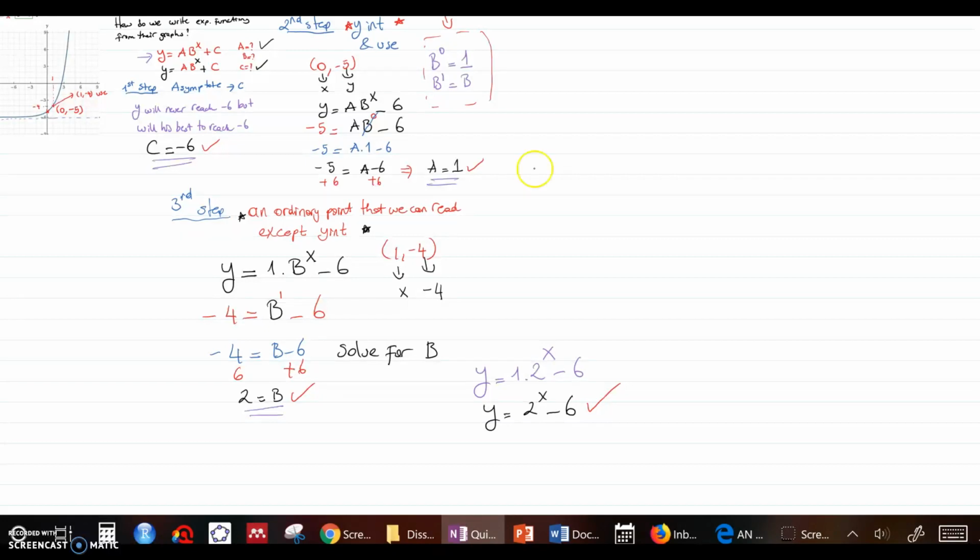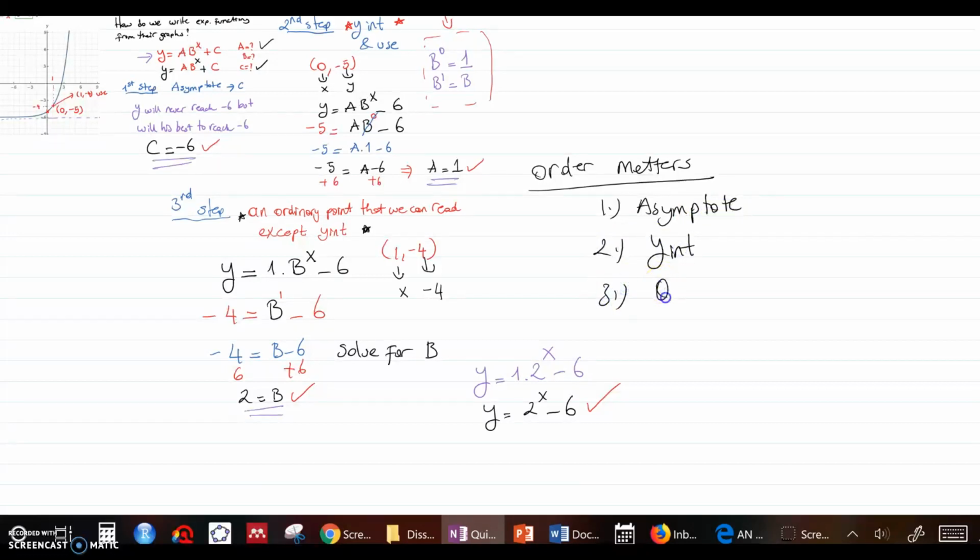So order matters here. That's why you need to look at the asymptote first. Second, use the y-intercept. Third, use the ordinary point, except the y-intercept. As you're doing this, you're just solving algebraic equations.